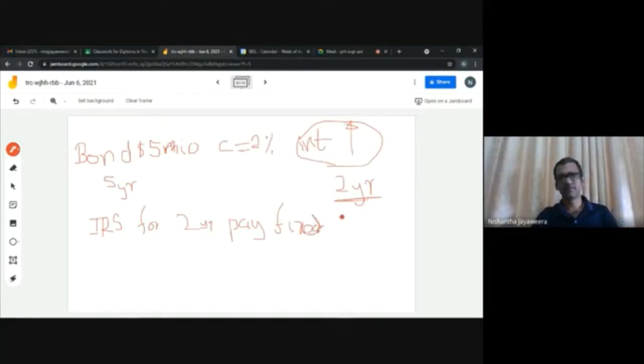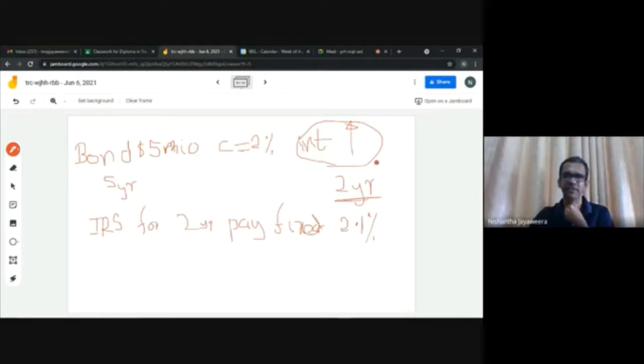And whenever you say IRS pay fixed, that means you receive floating. If you can fix that rate at, say, may not be exactly 2.2%, 2.1%. Better if you can fix it at 2%.